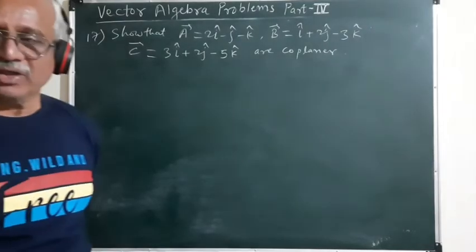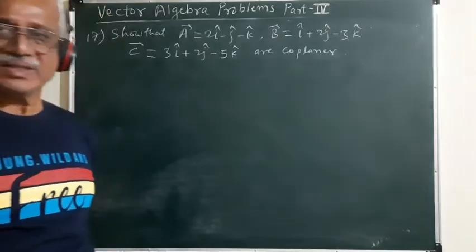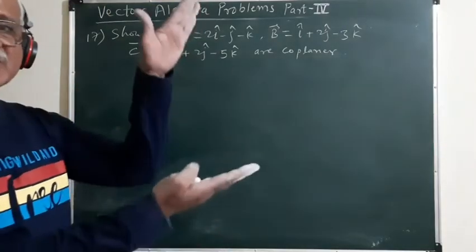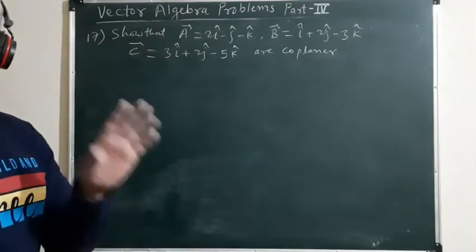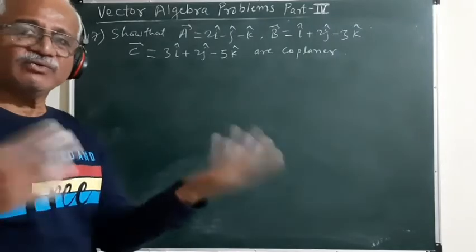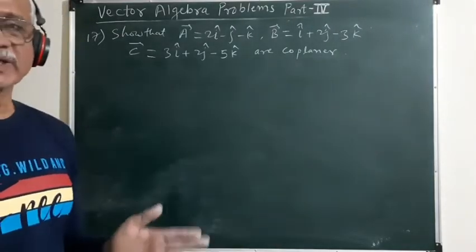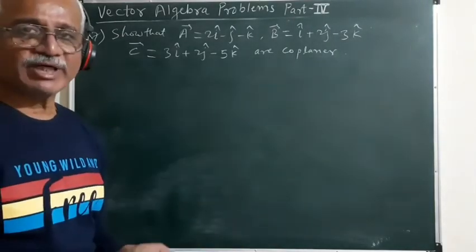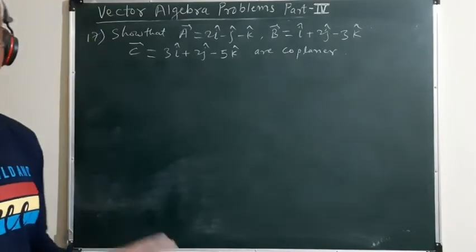So if these three vectors lie in the same plane, then the height of the parallelepiped will be equal to 0, so that the volume of that parallelepiped will work out to be equal to 0.